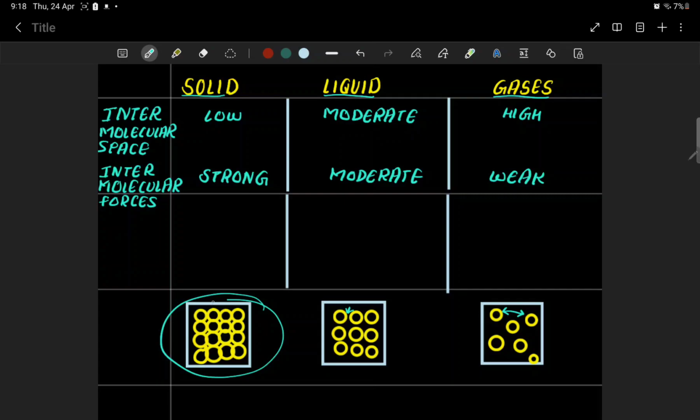So in solids, the atoms are closely packed and the intermolecular forces are very strong. In liquids, it's moderate, and in gases, it's weak.